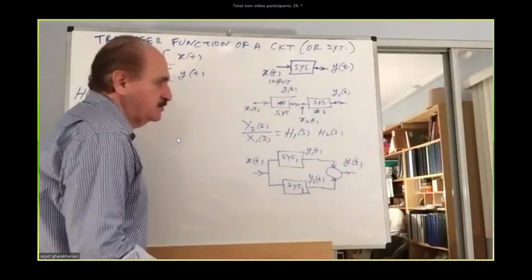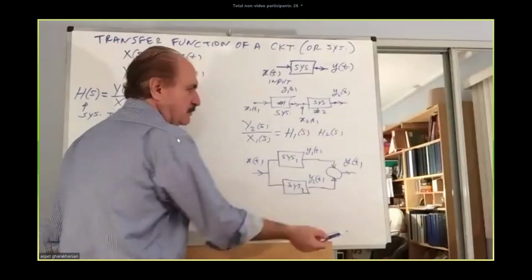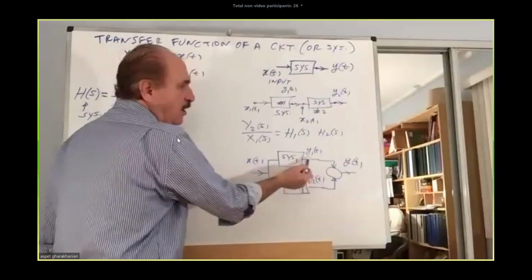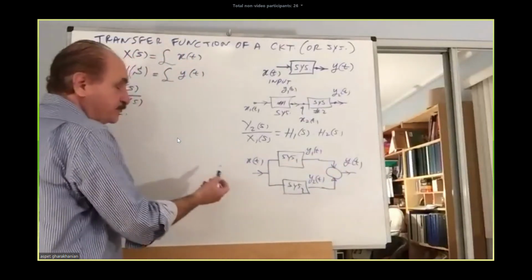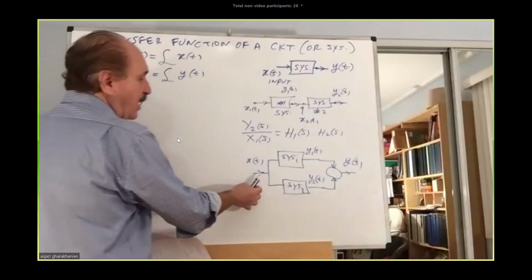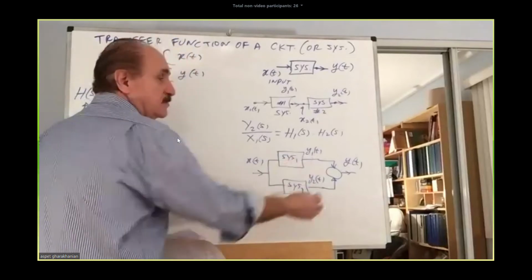It's very simple to know that. These are simple time functions you're adding. So y of t is y1 of t plus y2 of t. And here you have the x of t applied to that point.